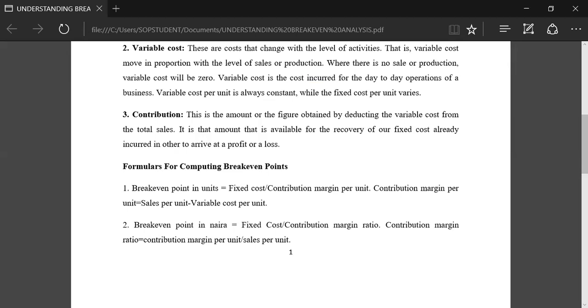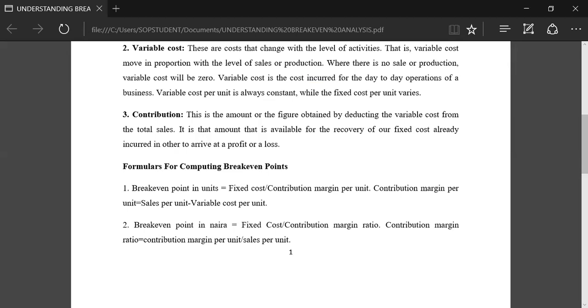The variable cost is the total cost incurred for production, depending on the level of goods or the volume of goods produced. And remember, our assumption says that production is equal to sales.